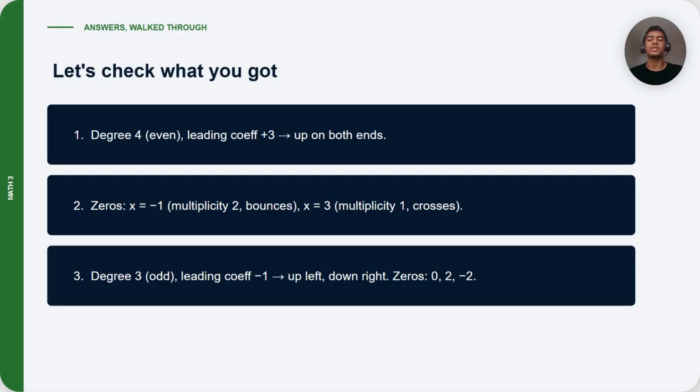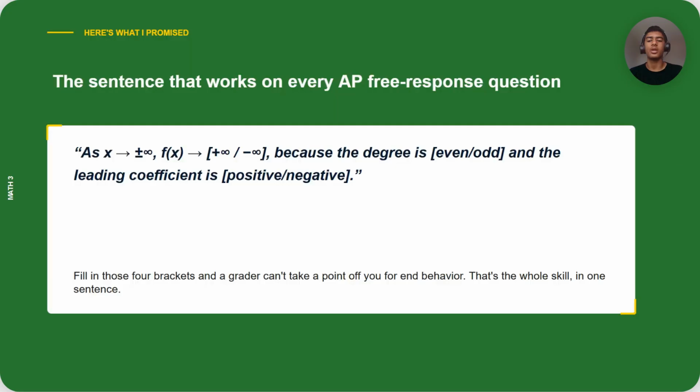Number three, factor out negative x from negative x cubed plus 4x, and you get negative x times (x squared minus 4), which gives zeros at 0, 2, and negative 2. Degree 3, odd, leading coefficient negative. So up on the left, down on the right. If you got 2 of 3, that's generally solid for a first pass.